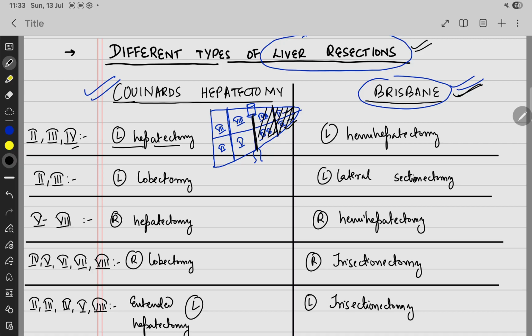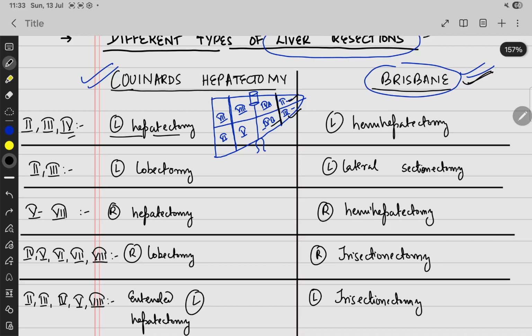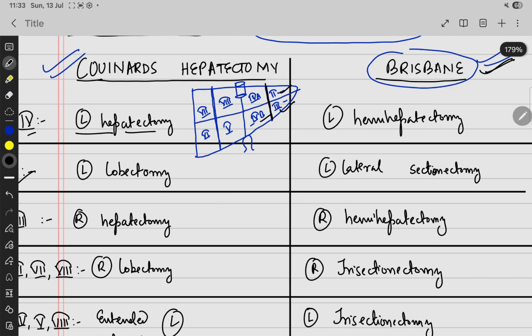So if we remove half, that is known as hemihepatectomy, which is segment 2, 3 and 4 removal. Similarly, if we take the sections of segment 2 and segment 3, I told you before that Couinaud took the falciform ligament into consideration, that it divides the liver into right and left lobe.